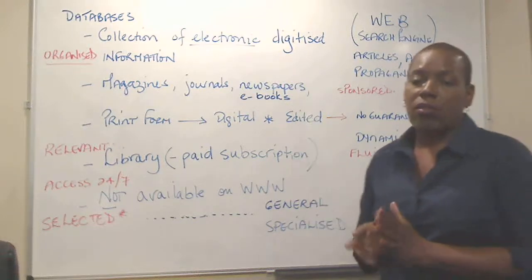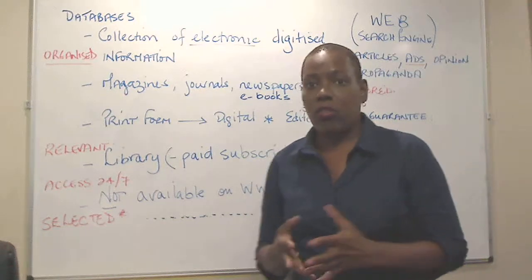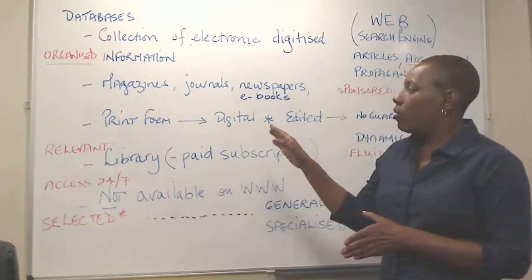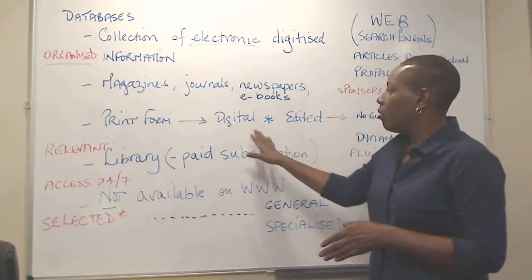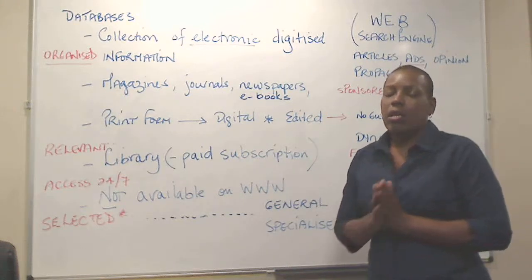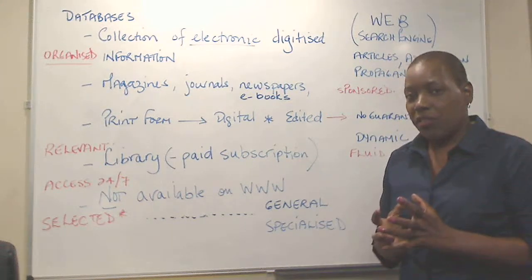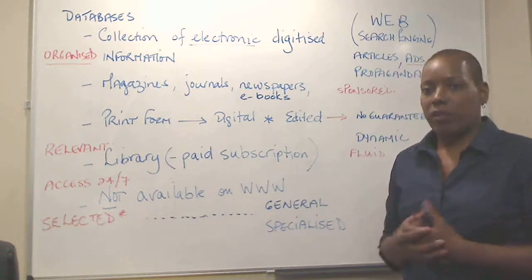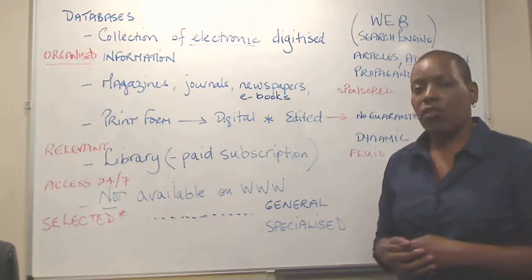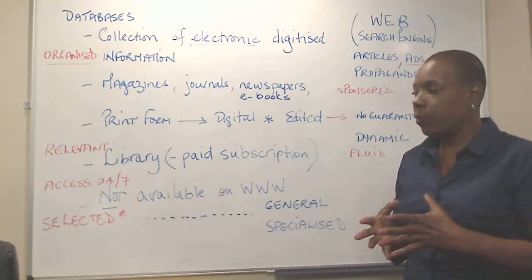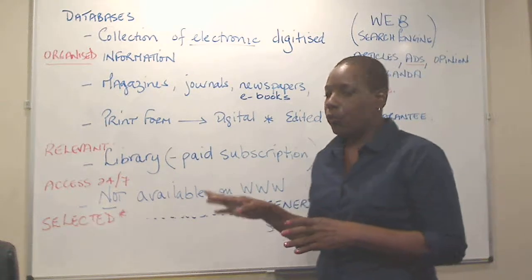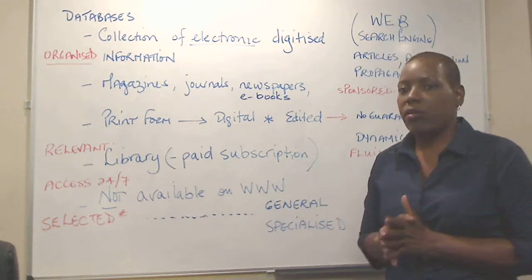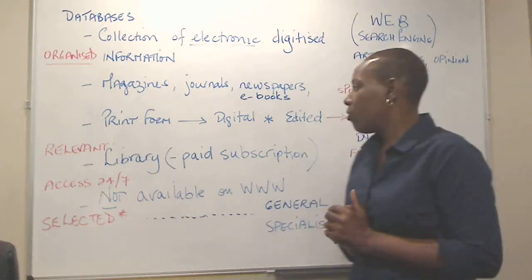This information that is now available on the databases was once in print form, but since transcribed to the digital process, these pieces of information would have been edited. They would have gone through the editorial process to ensure that the information is reliable. We'll get back to reliability when we go a little deeper into understanding the different types of databases.